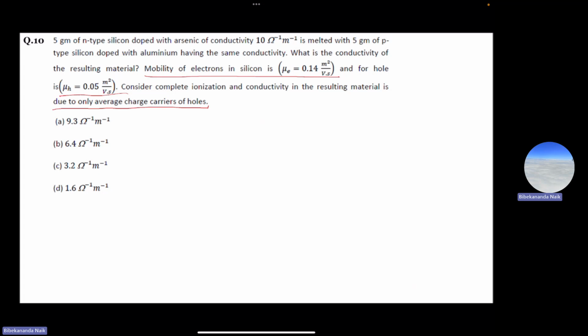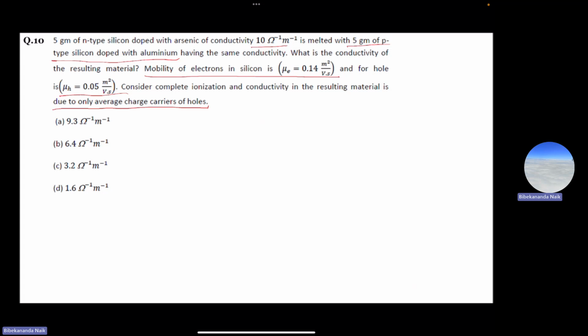So here you see, it is given 5 gram of n-type silicon, which is doped with arsenic, has the conductivity of 10, and again 5 gram of p-type silicon doped with aluminum. So both have the same conductivity.